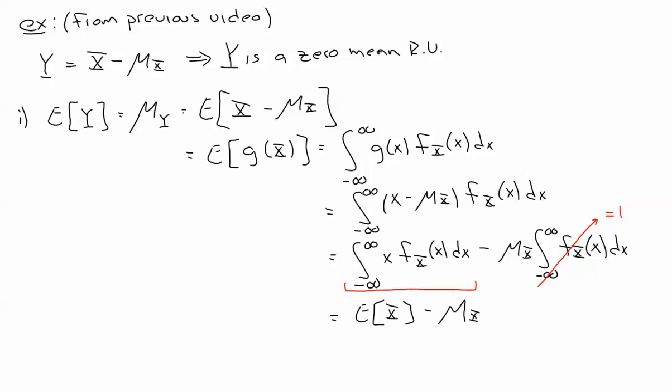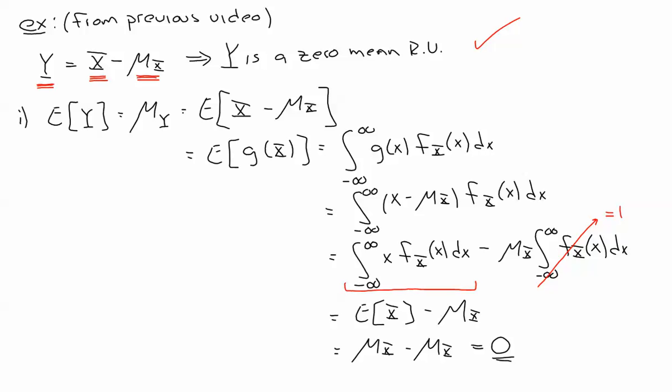Expected value of x can also be written as mu x, so mu x minus mu x is 0. Good for us. So we have confirmed rigorously that if I form any random variable y by taking a random variable x and subtracting its mean, y is indeed a new random variable with a 0 mean.